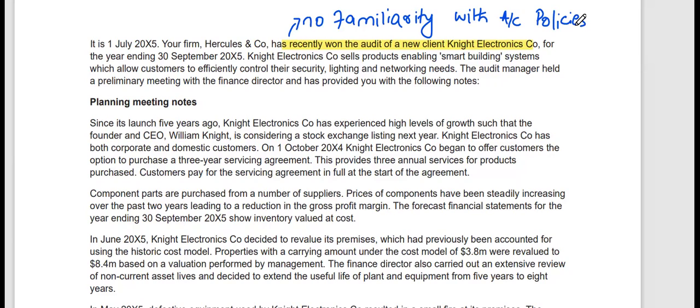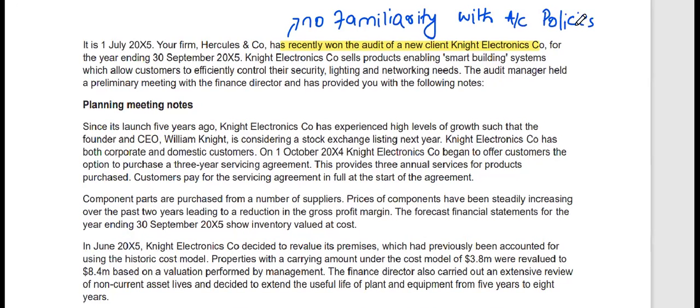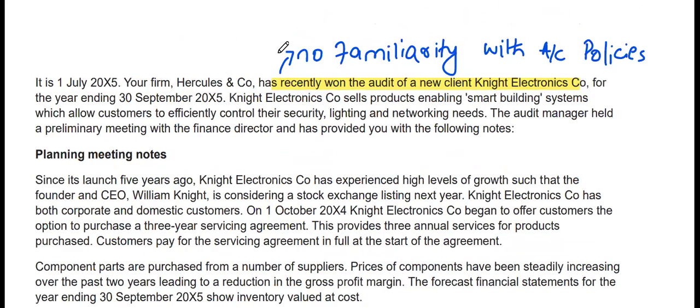Okay, so what kind of risk would be there? Yes, you're right, there is an increased detection risk. It means there's a risk on the part of the auditor that he might not be able to identify material misstatements in the financial statements. Why? Because he is not very well acquainted with the accounting policies, transactions, and balances of this new client named Knight Electronics Company. Okay, so that's why there is an increased detection risk.